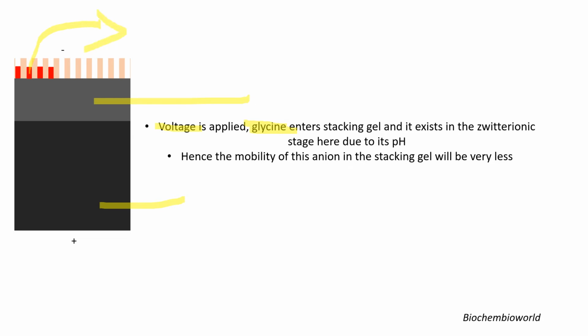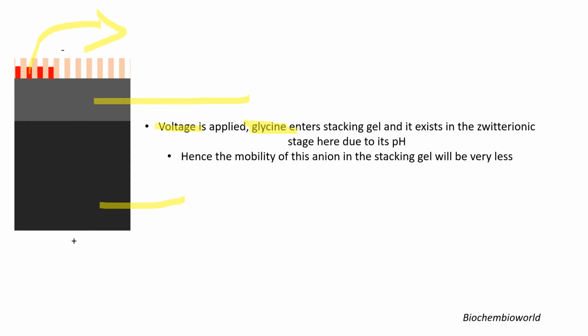And this red, I have marked the sample, the protein sample. When I apply a voltage, the glycine molecules, which were existing in a zwitterionic or positively charged state in the running buffer, enter the stacking gel. While entering the stacking gel, they come across a pH of 6.8.